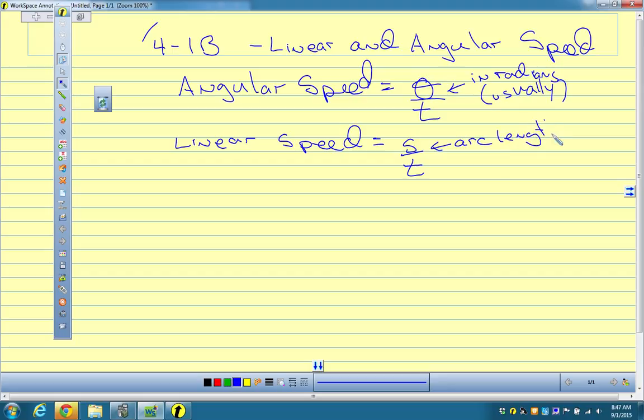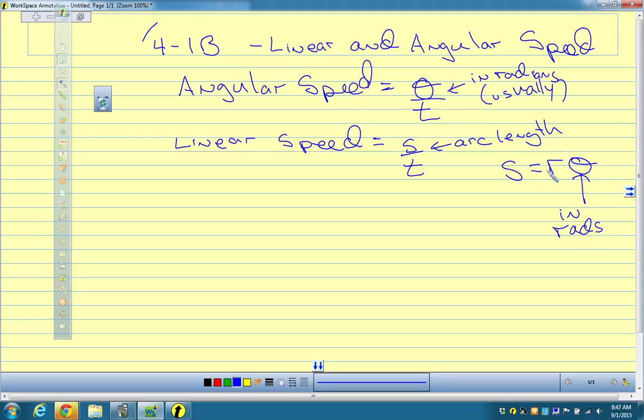And S, if you remember, anyone remember what the formula for arc length is? Go ahead, Colton. That is right. It's just r theta, okay? Where theta is measured in radians, okay?